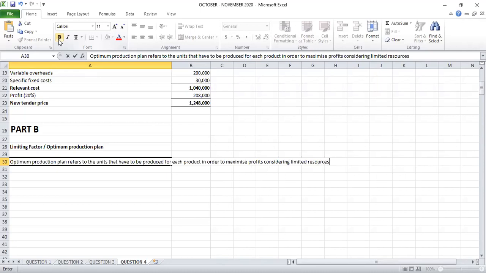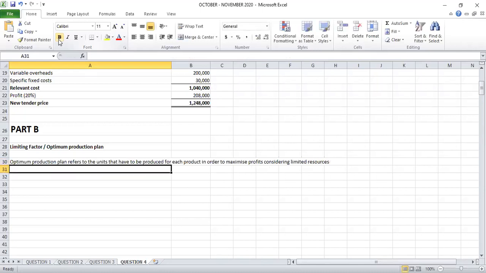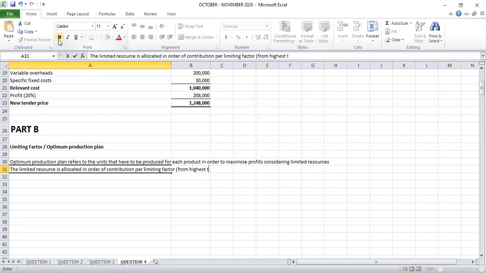So what is the best way that we can allocate that limited resource so that we can make the highest profit? The limited resource is allocated in order of contribution per limiting factor, from highest to lowest.